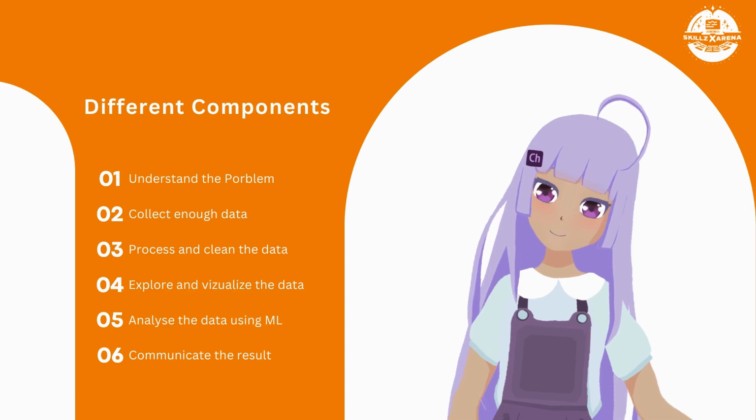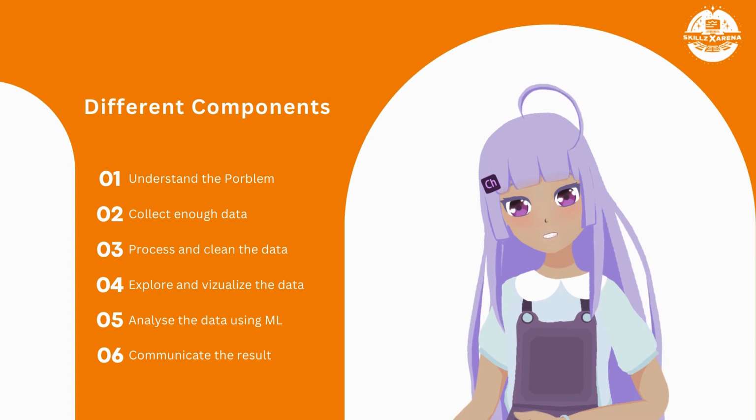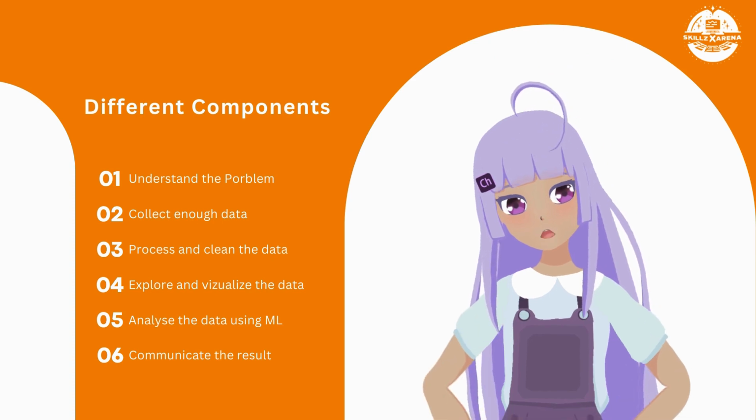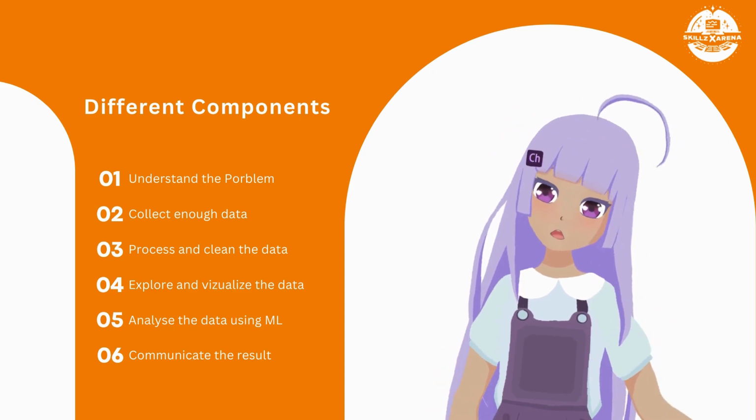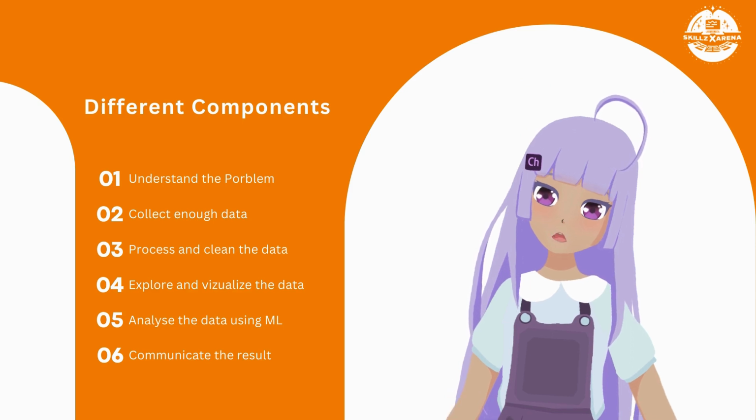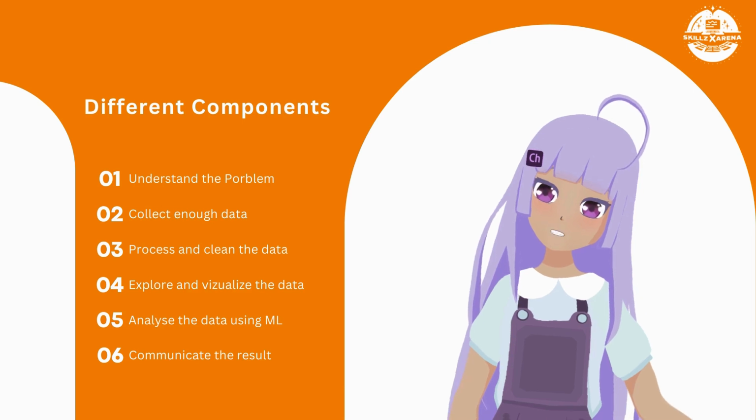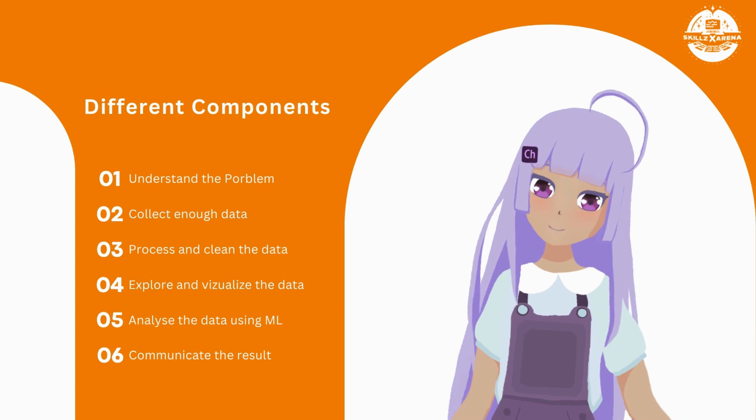All this kind of visualization and simple analysis is done in this step. To visualize the data, we can either write code or use different analytics tools available to us, like Power BI or Tableau or some other tools. So that is visualization.